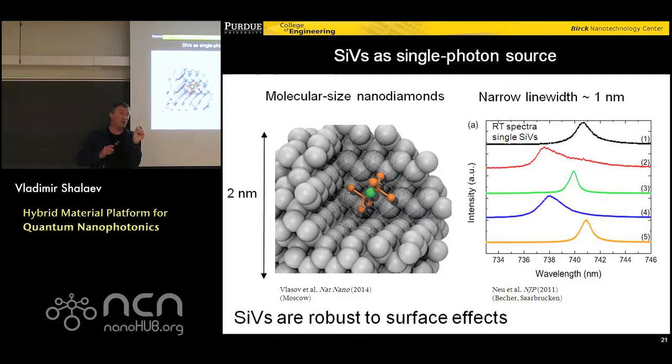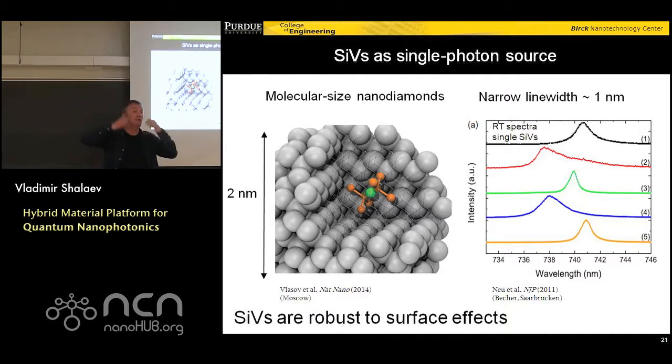You would certainly prefer to work with something which has a much narrower bandwidth. And if it's really narrow, and if you emit photons within a time which is shorter than the decoherence time, then you would generate indistinguishable photons. But to make this happen, the width should be narrow, because if the width is narrow, the coherence time is long.